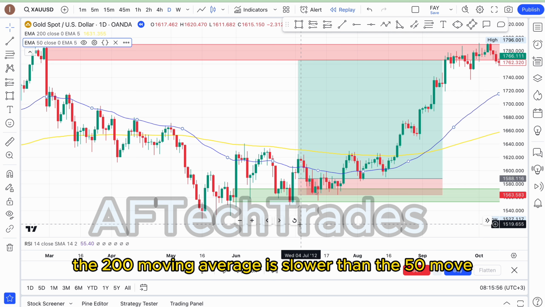The stop loss will be below this region. Okay, the take profit will be the next, so I have to switch back to my daily. Okay, is below this, then my take profit would go to this region again, which is a ratio of what, 1 to 2.7.